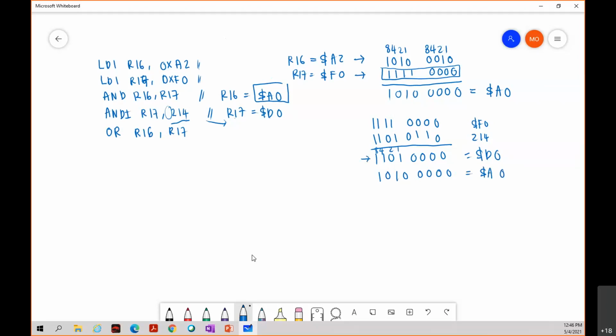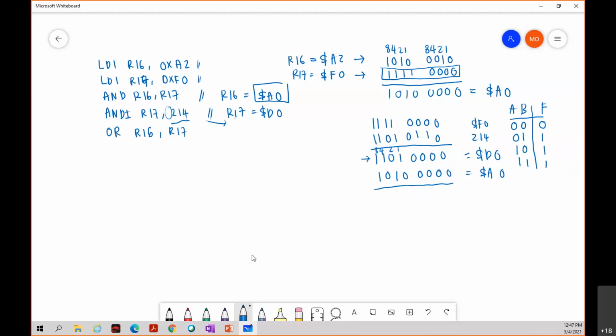So what you're going to do is a logical OR. Before that, you need to remember the truth table for the logical OR. A and B are the inputs, and this is the output. If A and B are 0, 0, the output will be 0. 0, 1 is 1. 1, 0 is 1. 1, 1 is 1. So you can conclude that if one of the inputs is 1, the output will be 1. If both inputs are 0, the output will be 0.